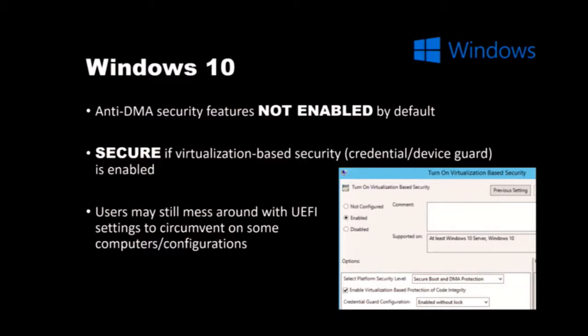But it's often quite easy for users to mess around with settings in the UEFI, for example disable VT-d or disable secure boot and things like that. And then these virtualization-based security features will be disabled in Windows as well. So we come to recommendations later on.